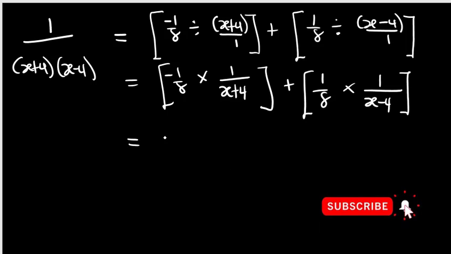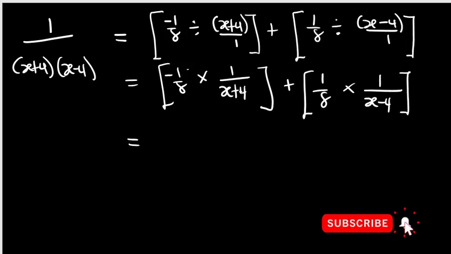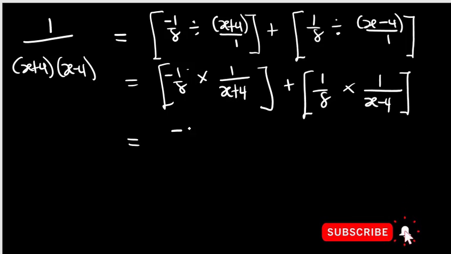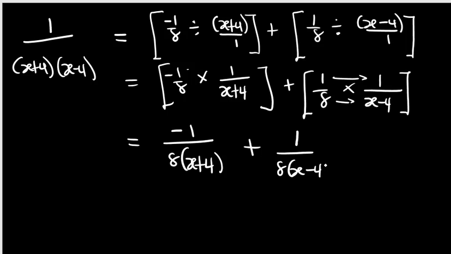and this will give us minus 1 multiplies 1 and then 8 multiply the x plus 4, so this will give us minus 1 over 8 multiplying x plus 4 plus, once again this 1 multiplies it, then 8 multiplies it, so you have your 1 over 8 multiplying x minus 4.